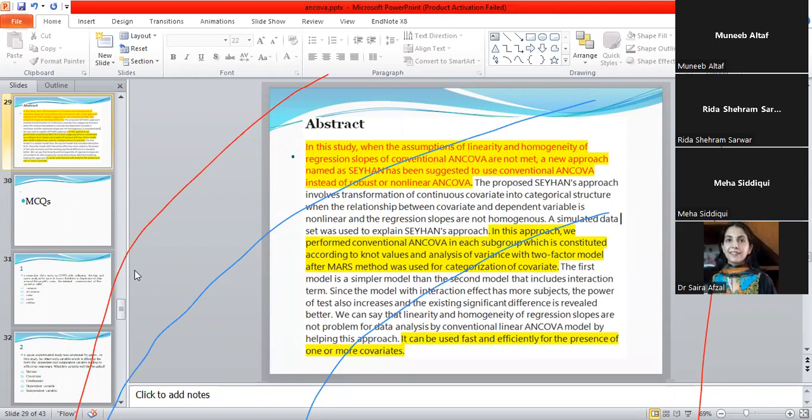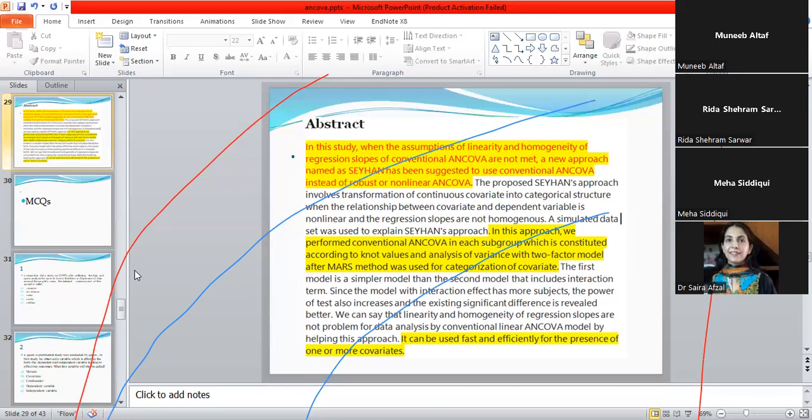In this approach, we perform the conventional ANCOVA in each subgroup, which is constituted according to the knot value, and analysis of variance with the two-factor model after the MARS model was used for the categorization of the covariate.